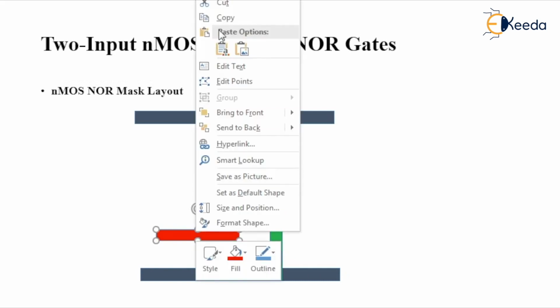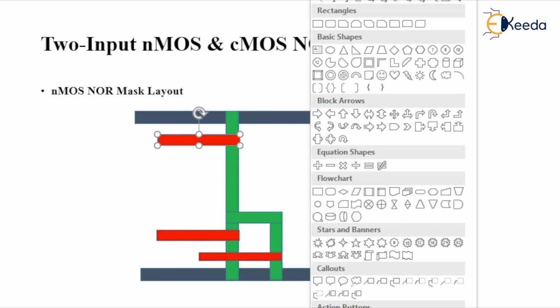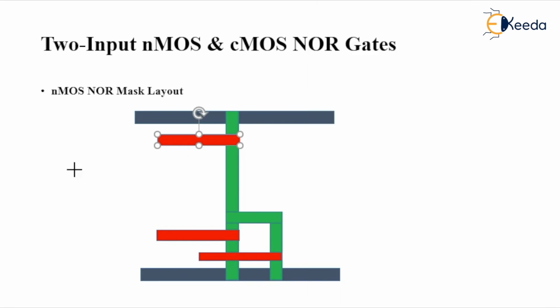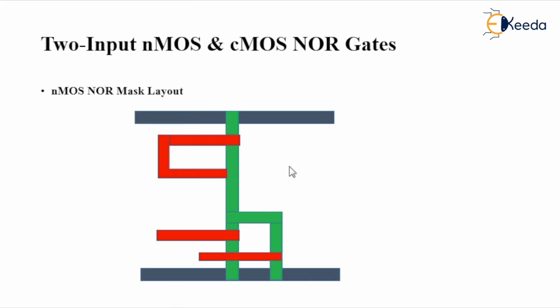I'm going to draw that one. I am just drawing the depletion here, and this should be represented with red color since it is a poly.